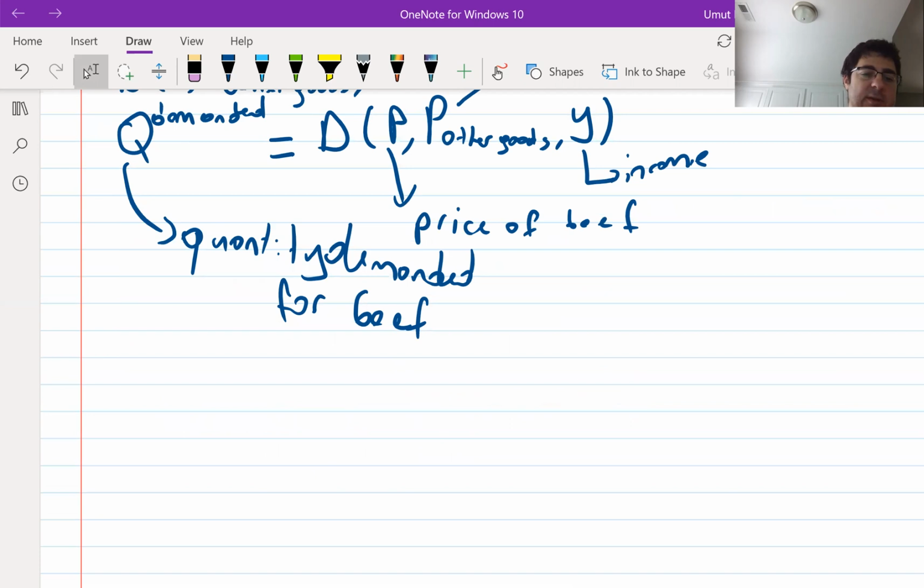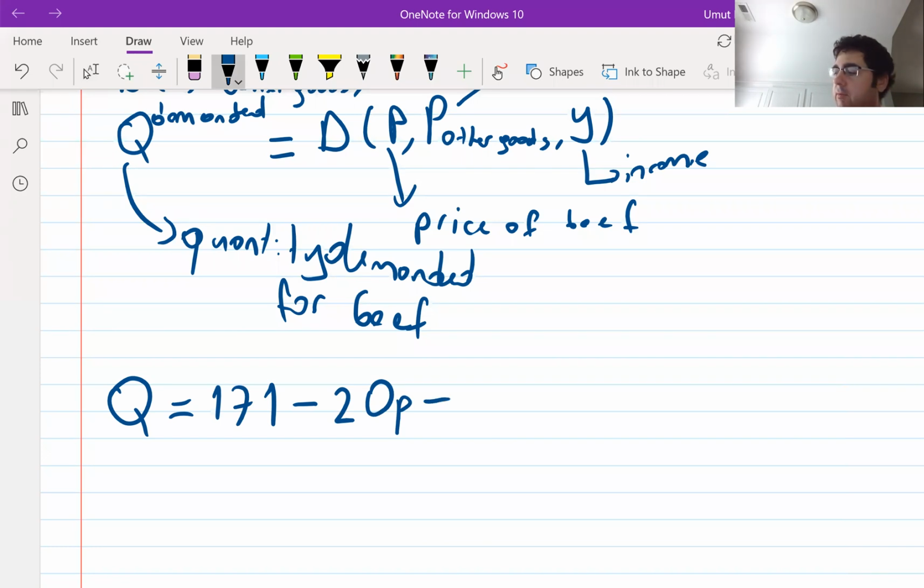For example, if you would like to write a demand function here, it can be just, for example, Q is equal to 171 minus 20p plus 20 PC plus 3PF plus 2Y.